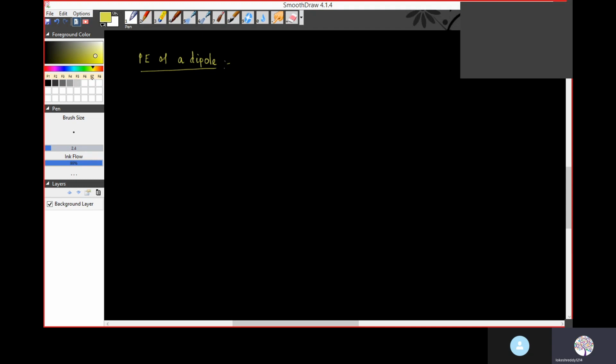What we can understand from that is, now consider a uniform electric field. Equidistant electric field lines denote a uniform electric field. So now I'll write this. This is P cap. What does it mean?